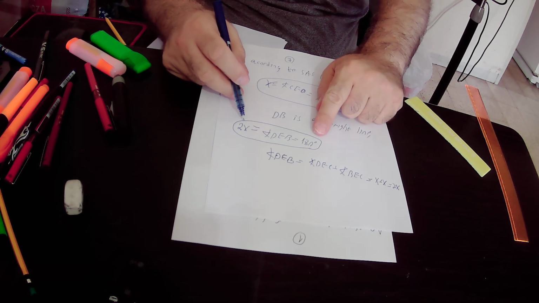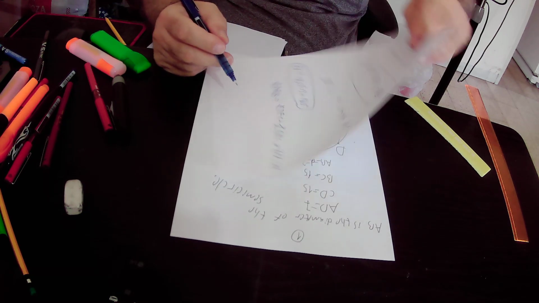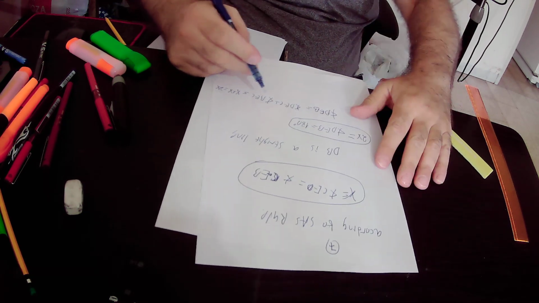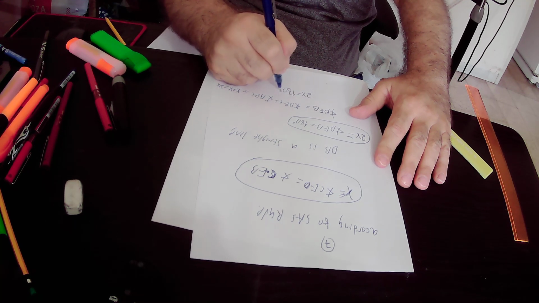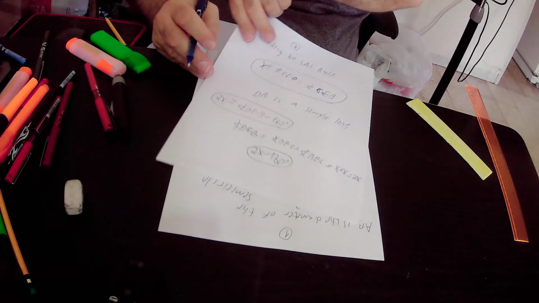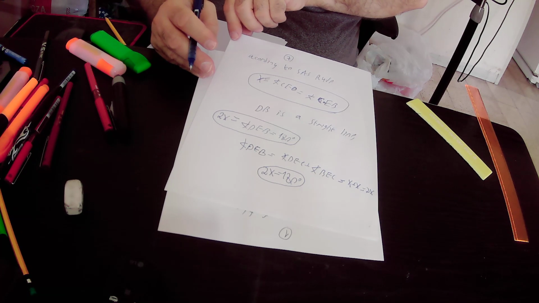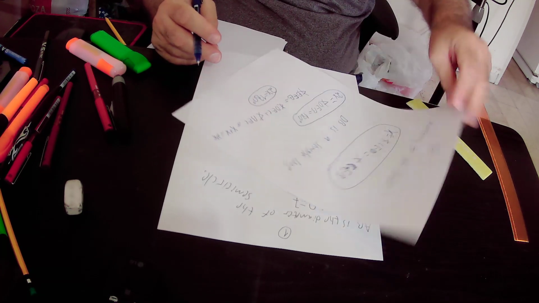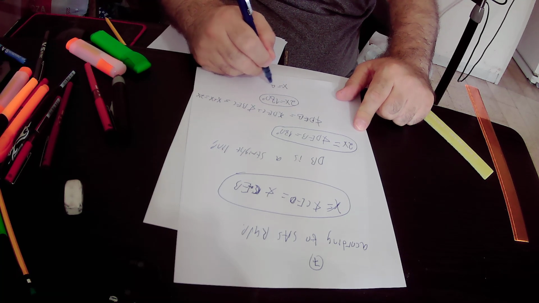Here we can divide this equality by 2 and we will get that x equals 90 degrees.